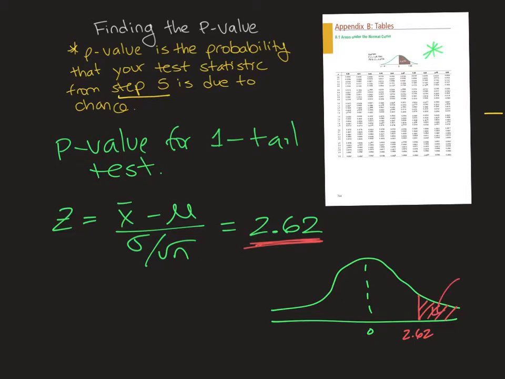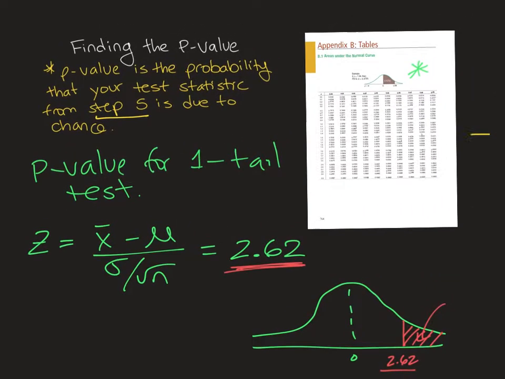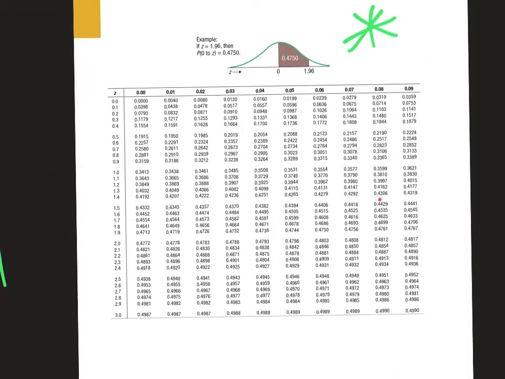To find this area, first we're going to look up 2.62 on the edges of the z-table. So I'm going to zoom into this table. Here's 2.6. Here's 2.62. So the area between 0 and 2.62 is 0.4956.